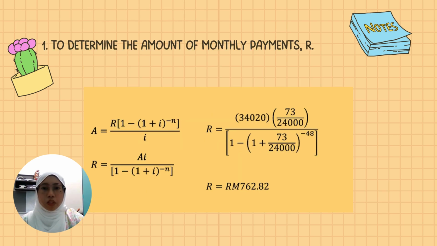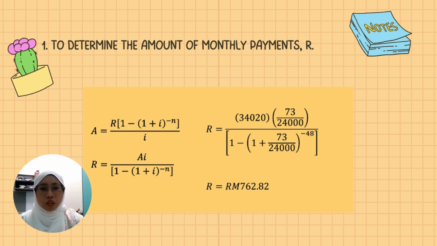First objective is to determine the amount of monthly payment, which is R. A equals R times (1 minus (1 plus i) to the power of negative N) divided by i. R equals A times i divided by (1 minus (1 plus i) to the power of negative N).